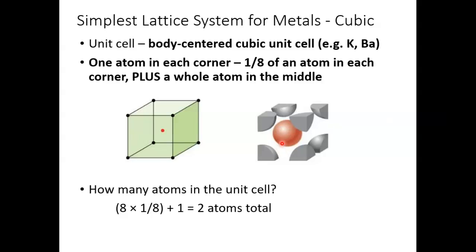You can't really see the one that's supposed to be back here in the back, but it's there, okay? But then you have one additional atom right in the center of the unit cell. And so, how many total atoms does a body-centered cubic unit cell contain?